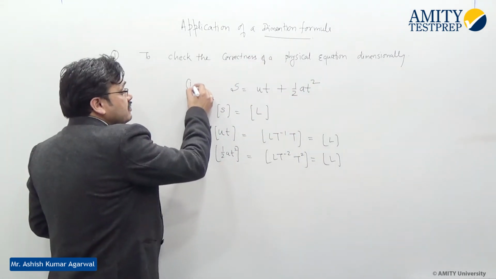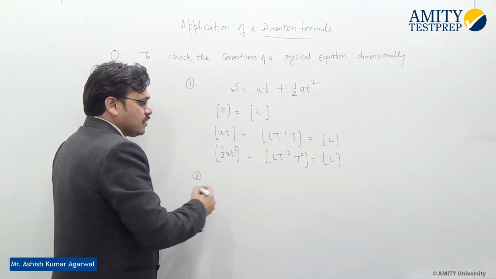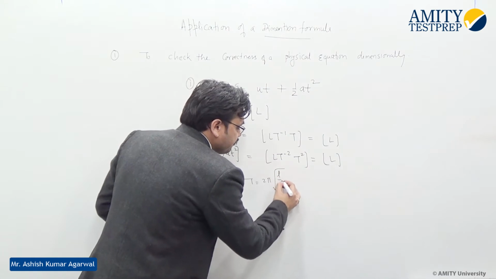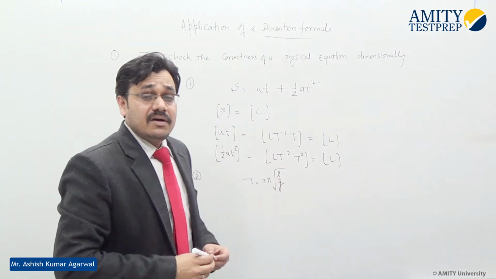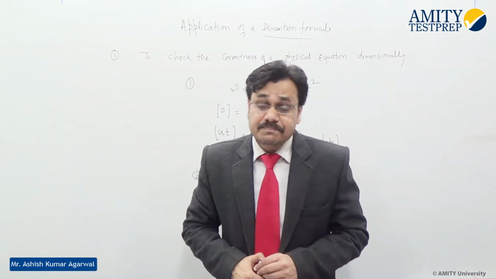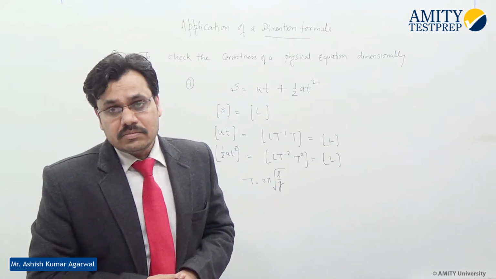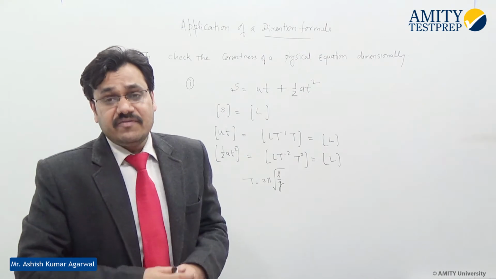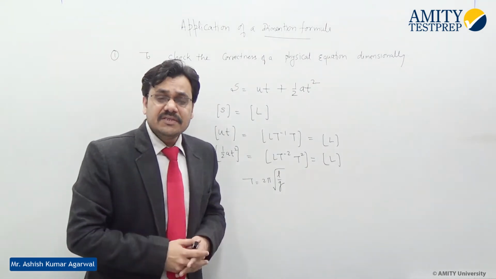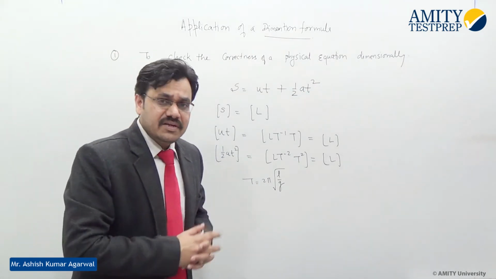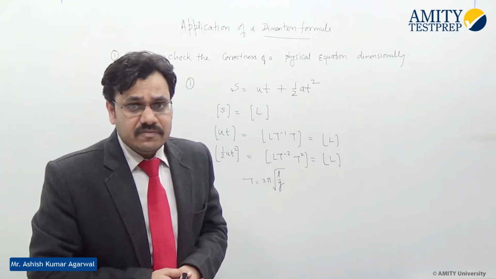Okay, let's take another example. Suppose time period equals 2 pi under root L by g. This is the time period of a simple pendulum. Is this expression true or wrong? Again I am saying the same words: if this equation is true, then the left hand side and the right hand side should have the same dimension formula.